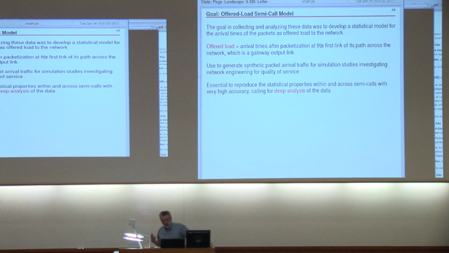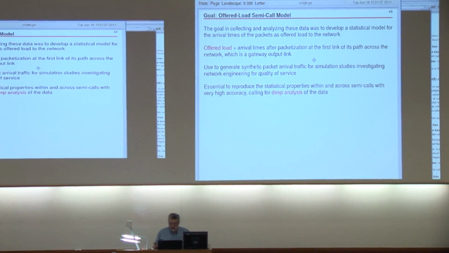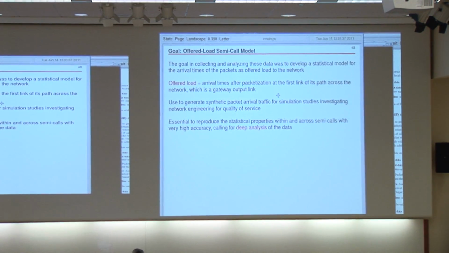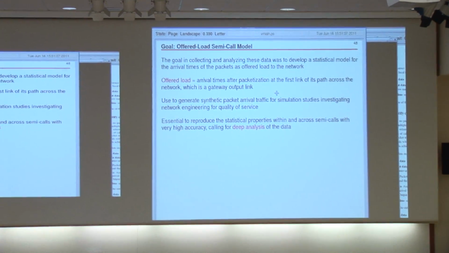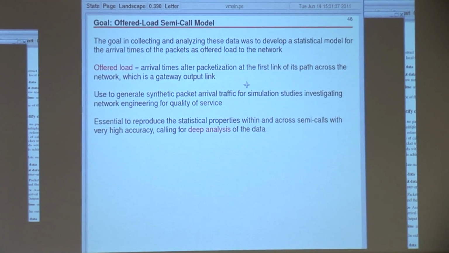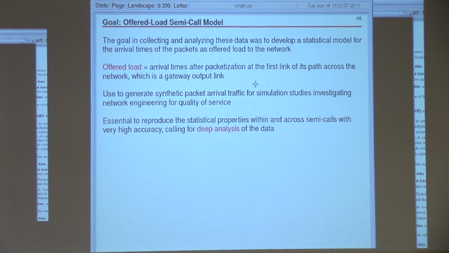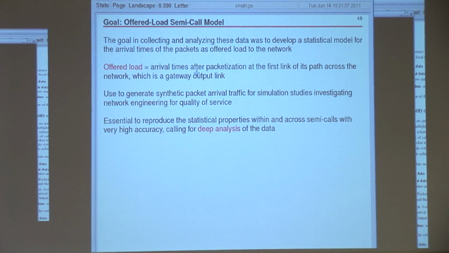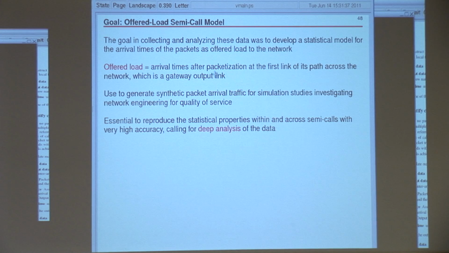Okay, so as I said earlier, the goal in collecting and analyzing these data was to develop a statistical model for the arrival times of the packets as offered load to the network. It has to be the offered load. It's the arrival times after packetization at the first link of its path across the network, which is the gateway output link.